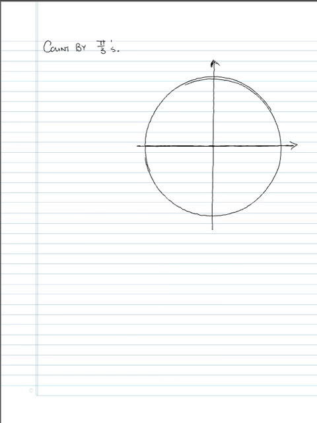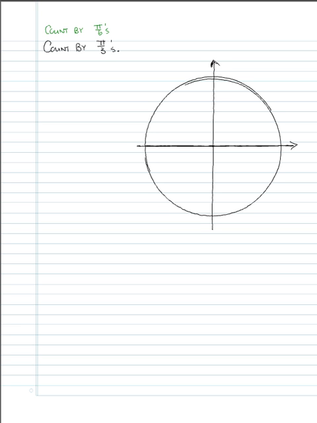Well, we had a little change of word here. I said count by pi over 3s. Let's first count by pi over 6s. Okay, and let's understand that this is what we want to know.